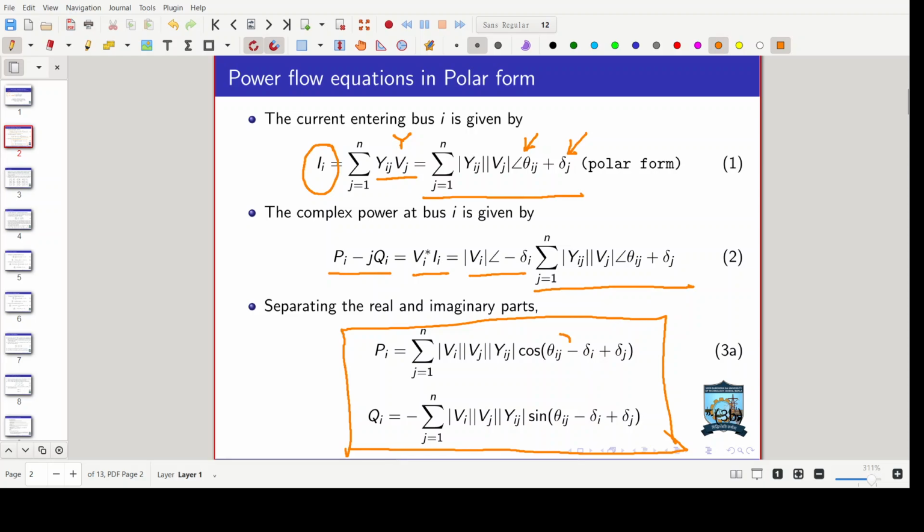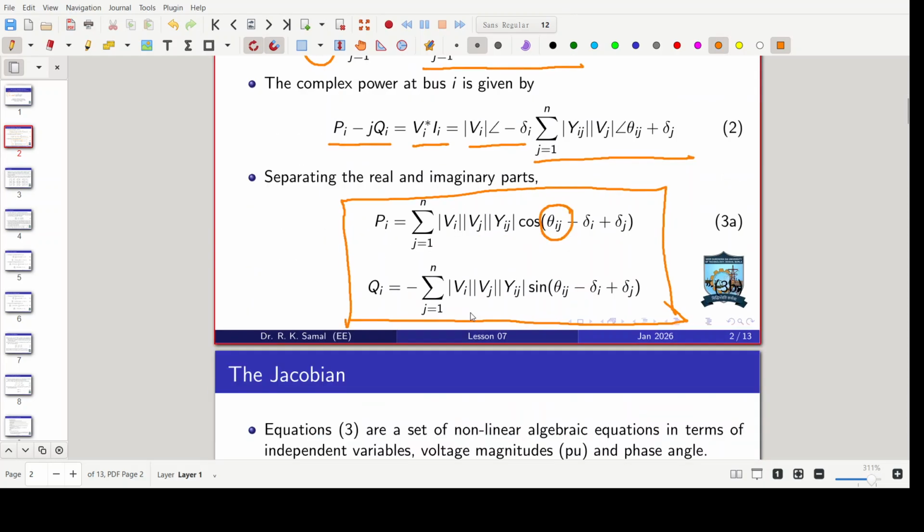When we neglect resistance, theta becomes 90 degrees and this equation is converted into sine form.